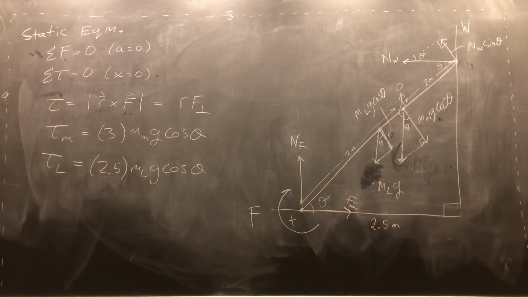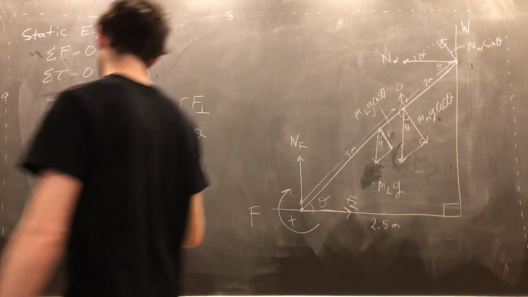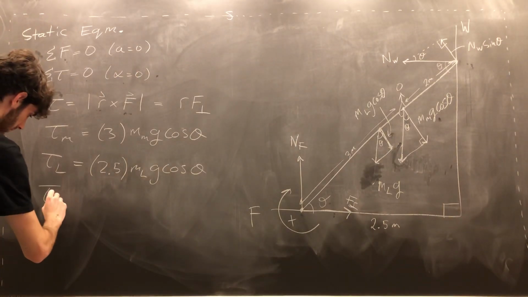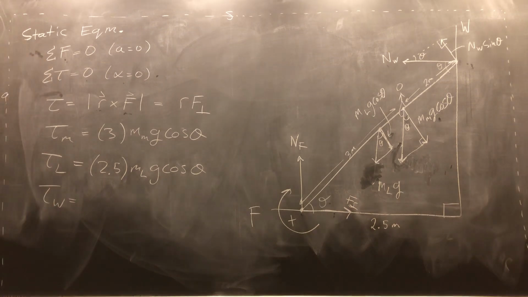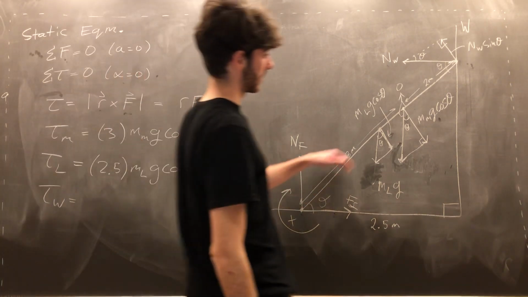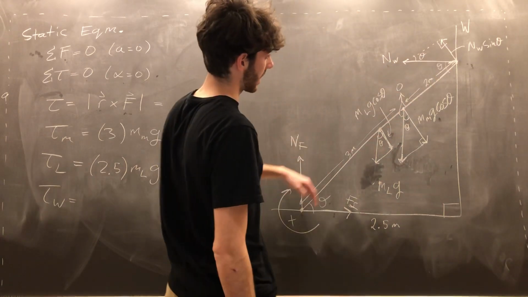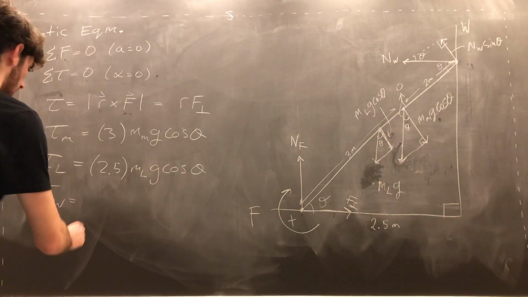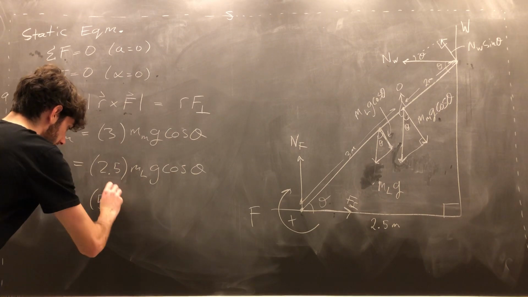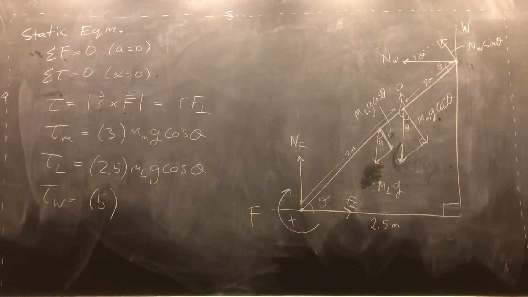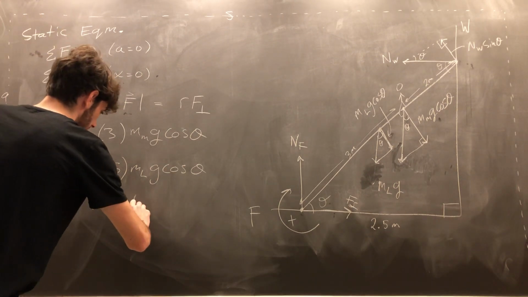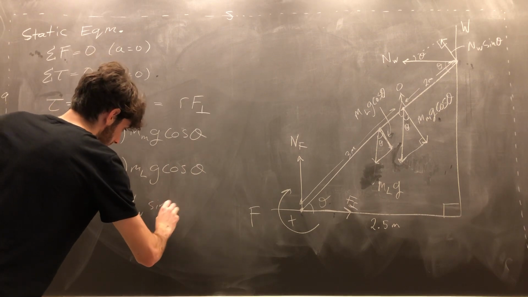And so our torque from the window is nothing more than the length of the ladder, because that's the radial vector's magnitude, it's 5 meters. 5 times that component of the normal force, which is n sub w sine theta.